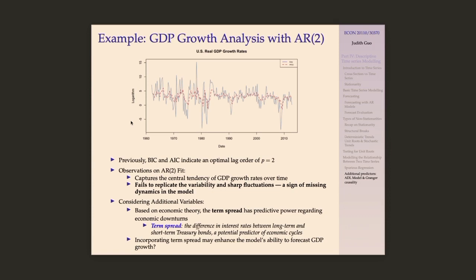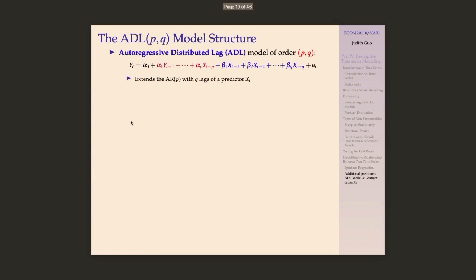Okay? So before we look at how we incorporate that into the GDP growth analysis, we need to first discuss the theory. The model where we have included variables coming from a different time series is called an ADL model. It's the autoregressive distributed lag model.